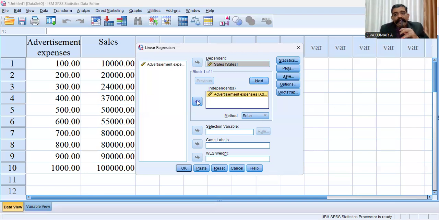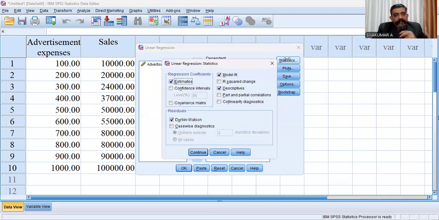If all assumptions are correct, then you can continue your regression analysis. If one of the assumptions is not satisfied, you cannot conduct simple regression analysis.